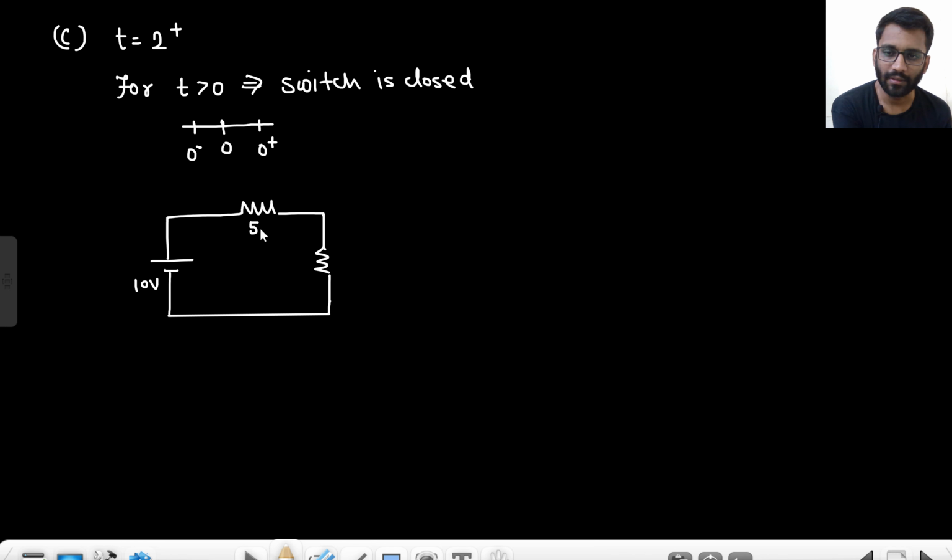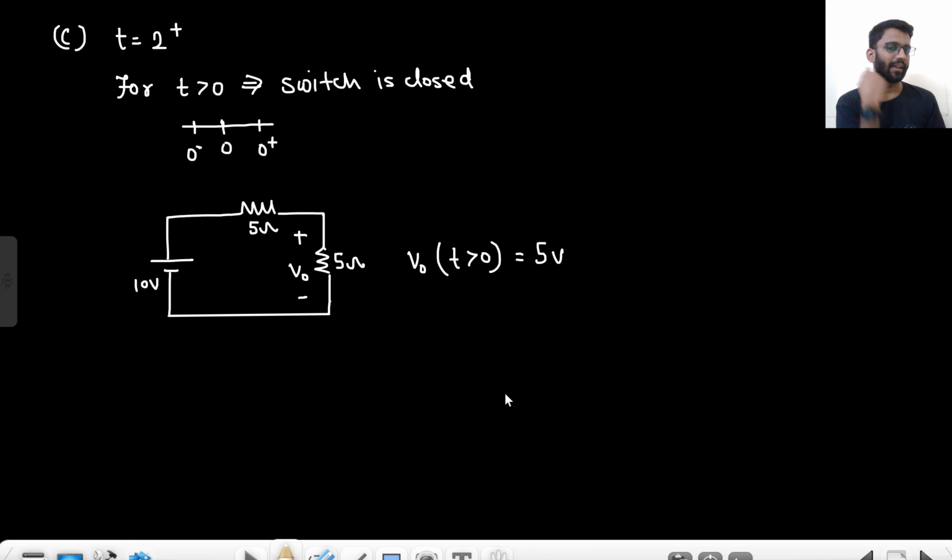This is 5 ohm, this is 5 ohm. Now they are asking V naught. For t greater than 0, it will always be 5 volt, right? The switch will always be closed, and at the moment you close the switch, you will get V naught equals 5 volt.